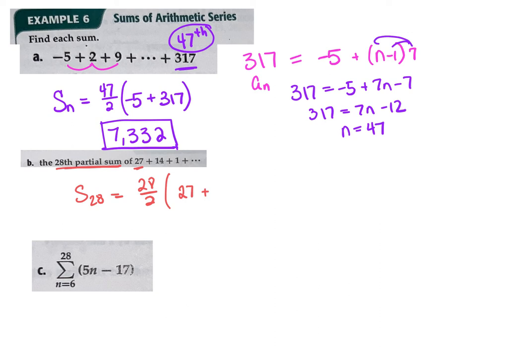My last term is going to be 27, my first term, plus n minus 1. What's my n? How many terms do I have here? 28. So 27, 28 minus 1, times what's my common difference? How do I get from 27 to 14 and 14 to negative 13? So you can rewrite your last term in terms of what you did to find it. And when you calculate all of that, you're going to get negative 4158.